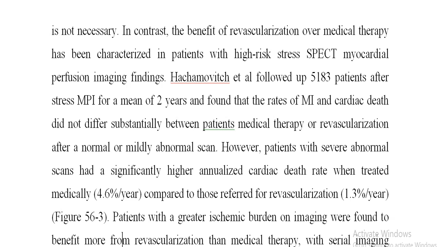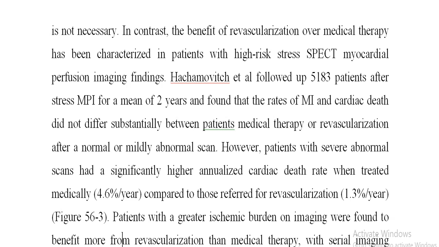Figure 56-3, SPECT myocardial perfusion imaging and prognosis. This large retrospective analysis of patients undergoing stress SPECT myocardial perfusion imaging demonstrates the incremental prognostic information obtained with the imaging results.